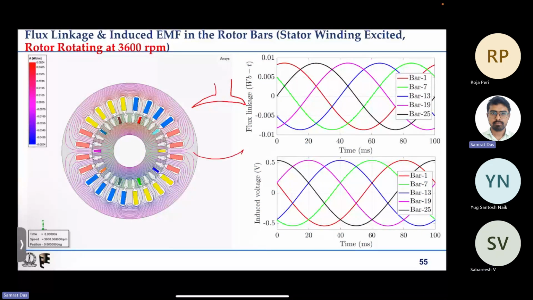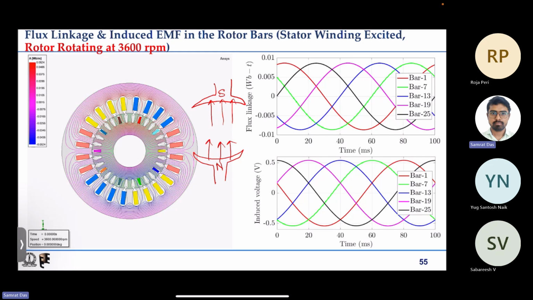That is correct. In a DC machine, once we inject some current, the field direction does not change. It remains the same, so north and south also remain the same. If it is entering, that means it is south. If it is leaving from there, it is north. But in this case, we have north and south, but that is rotating.